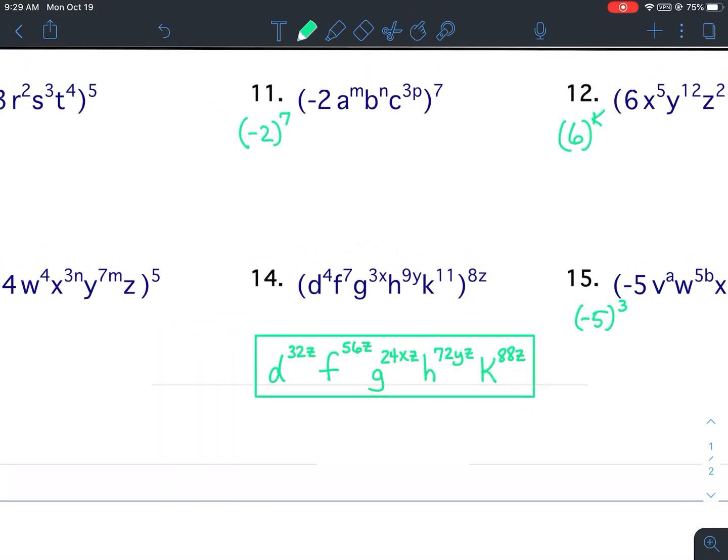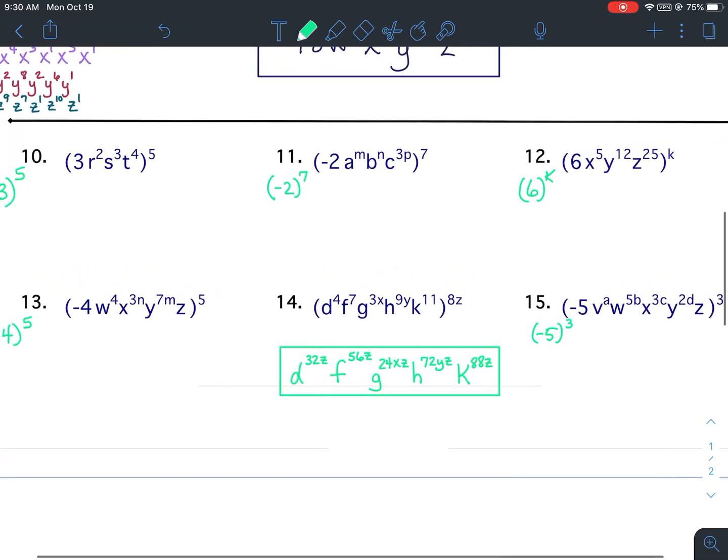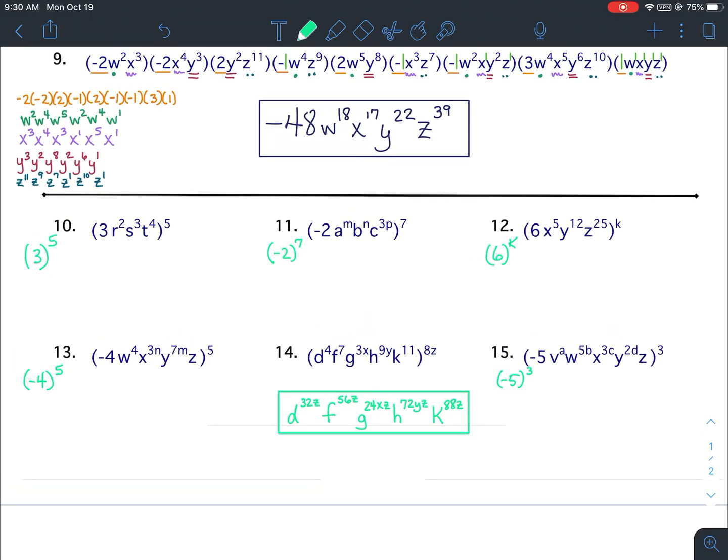So again, d to the 32z, f to the 56z, g to the 24xz, h to the 72yz, and k to the 88z. And that would be it for 14. All right. 10 through 15, done very similar. The only thing that's different with 10 through 15 is you also have these coefficients that you need to worry about out front. Put those in your calculator. Don't forget to use the parentheses. If you have any questions on this worksheet, let me know.